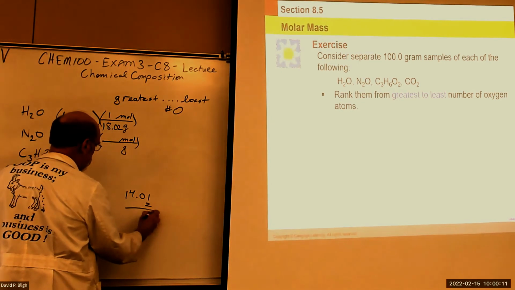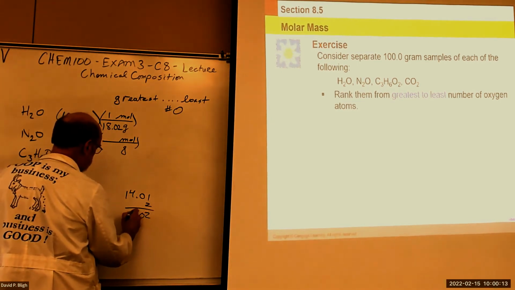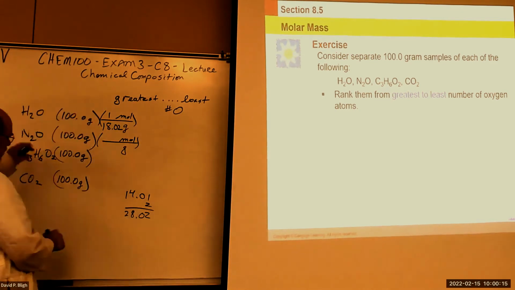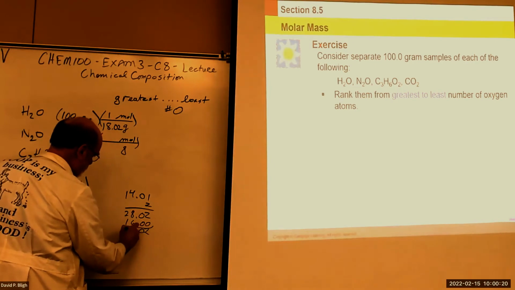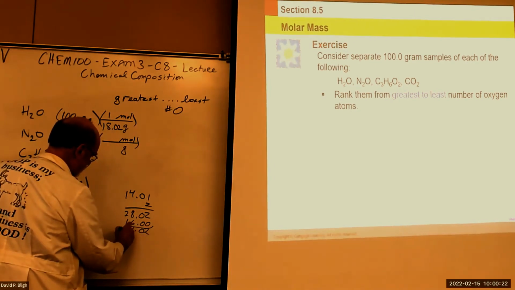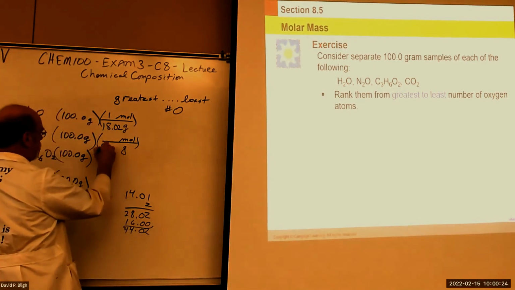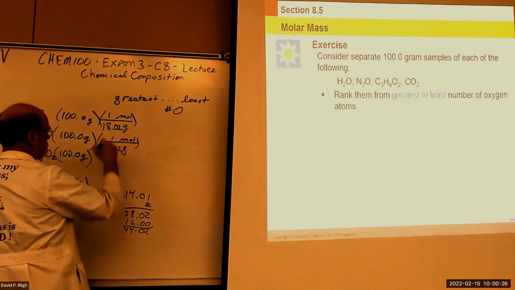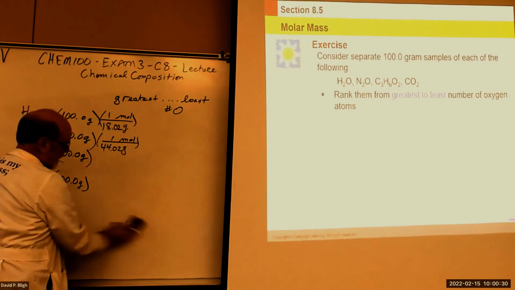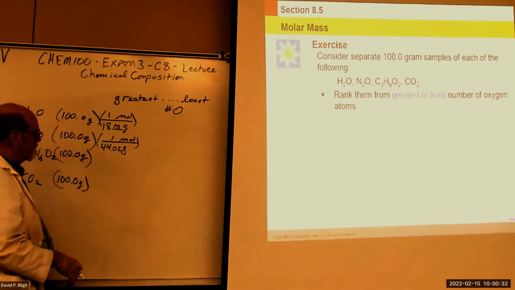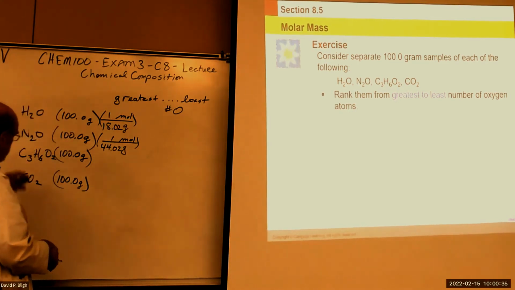So we need two of those. And then we need to add one oxygen. 44.02. Right? Sometimes you don't even need a calculator. I suspect we will need our calculator eventually. How about this one?